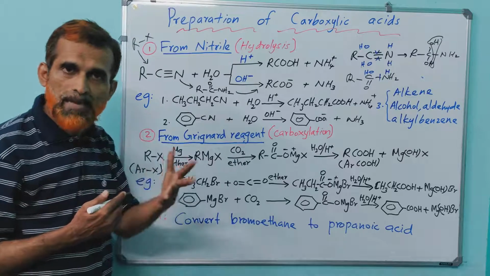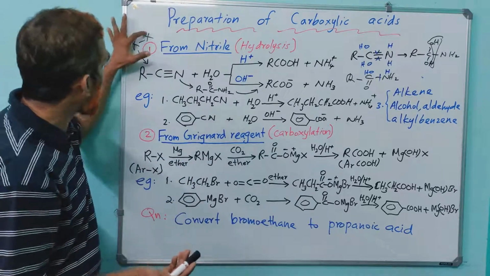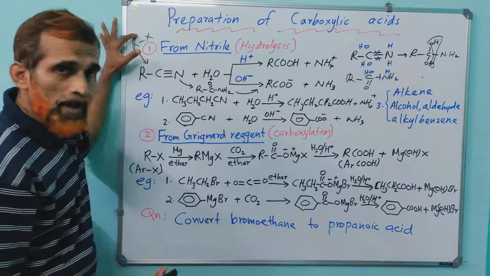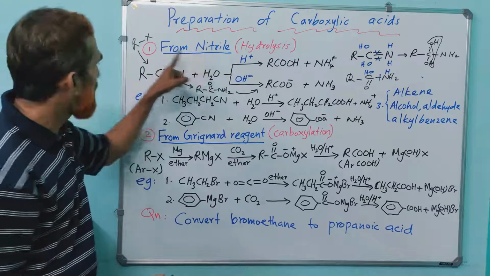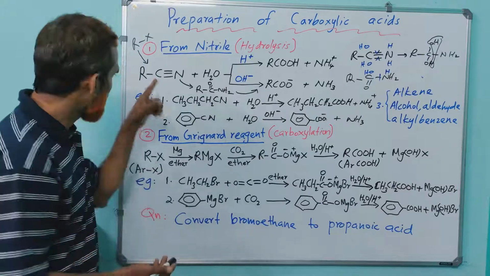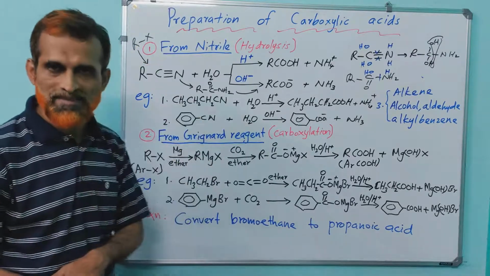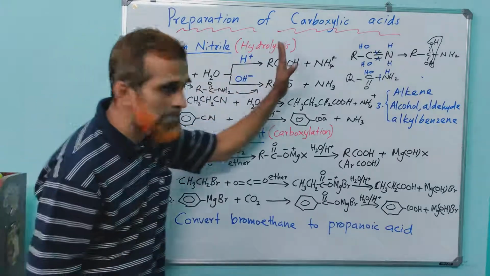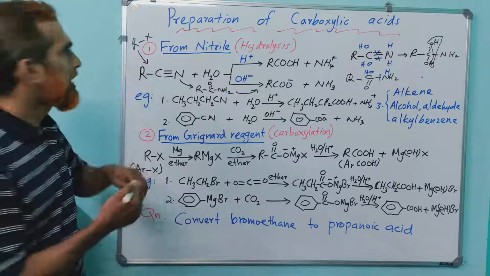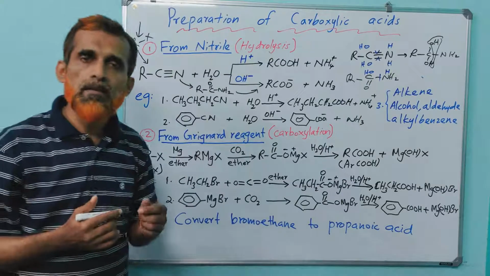SN1, SN2 mechanism. Alkyl halides undergo various substitution reactions. X can be replaced by CN. So by nitrile synthesis, when you are introducing CN, you are adding a carbon, isn't it? So this carbon is added to this alkyl group, so you can step up the series. You can prepare an acid with 1 carbon more than the original alkyl group. And again, where is this alkyl halide prepared from generally?